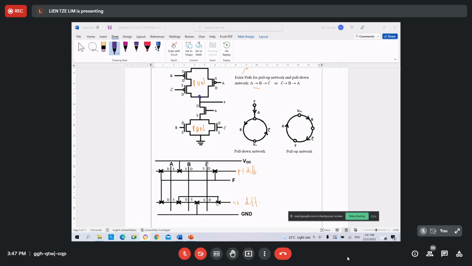All the drain terminals of the transistors with input B and C bar are connected to the source terminal of the transistor with input A. So you see that this is the source terminal of the transistor with input A. Make sure that these connections are made.